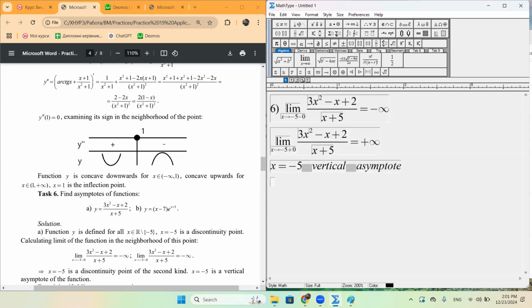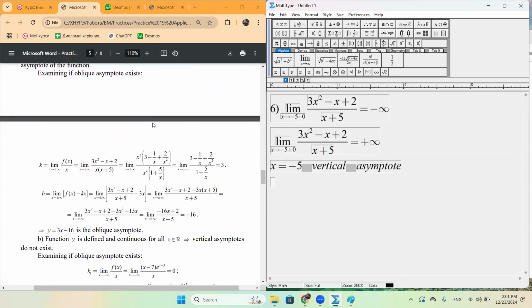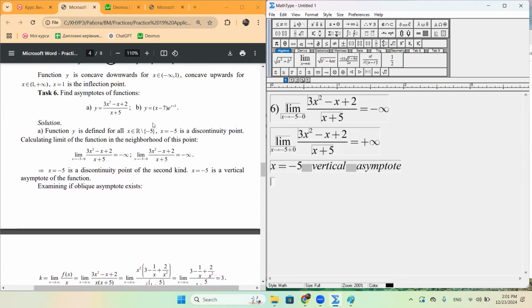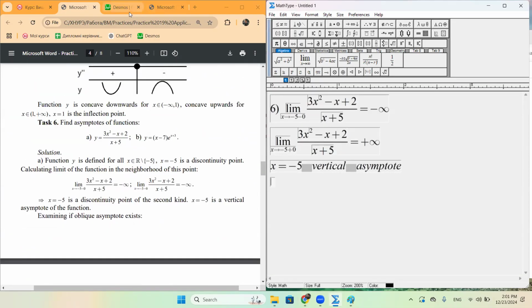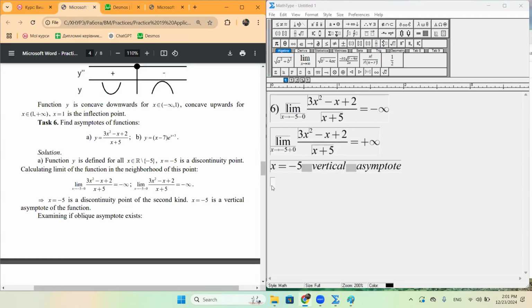And now let's investigate if the function has oblique asymptotes. Oblique asymptotes are those which have a slope, and the partial case is a horizontal asymptote. How to find oblique asymptotes?